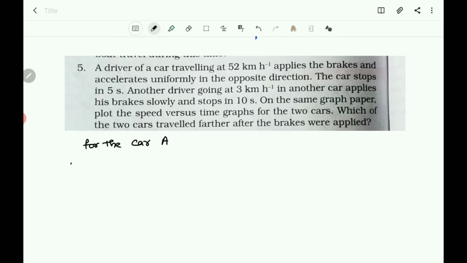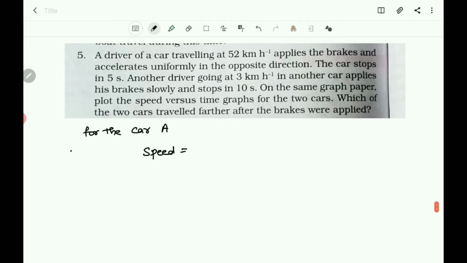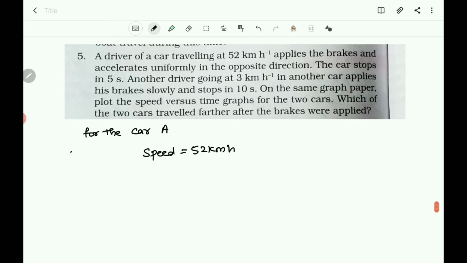So it is given that speed is equal to 50 km per hour. That is equal to 50 into 1000 per hour, that is 60 minutes into 60 seconds. It becomes 60 into 60.